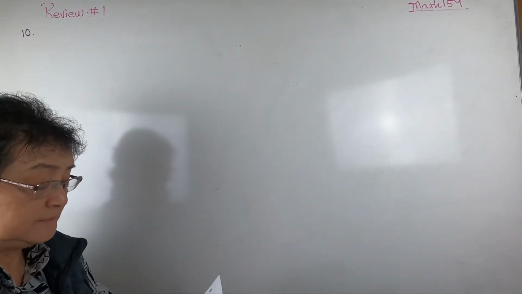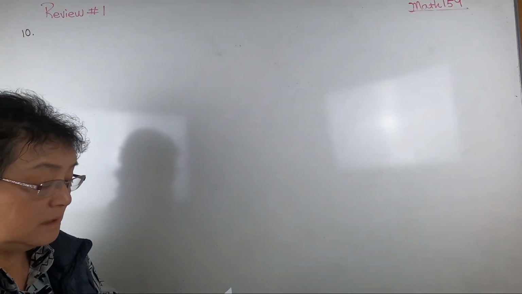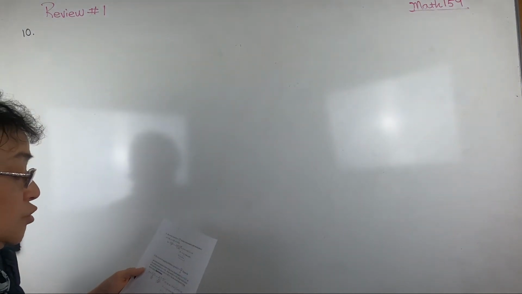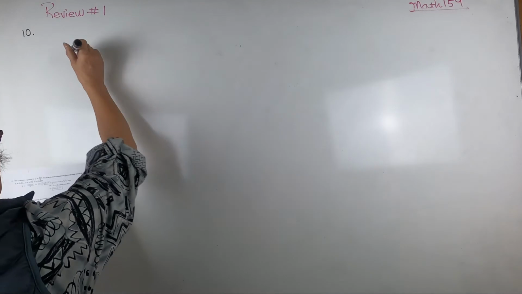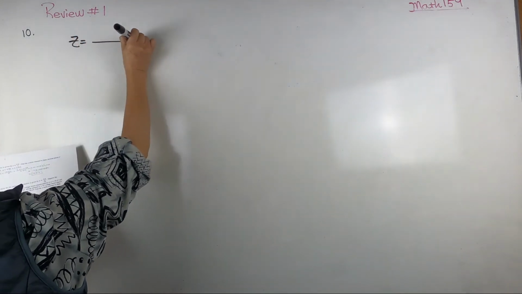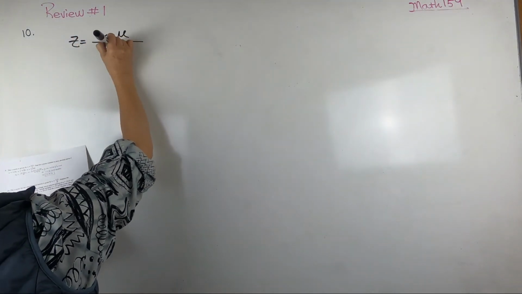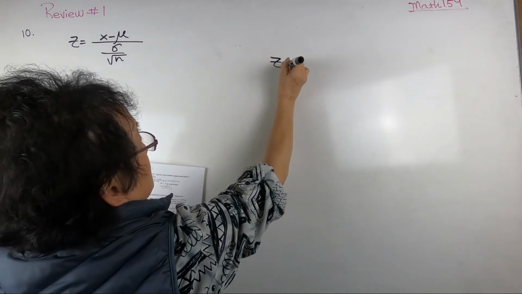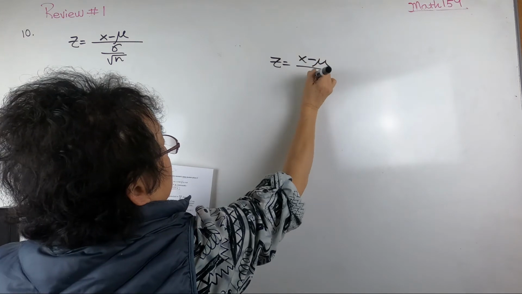For number 10. Okay. The z-score for the sample distribution is given like this. We learned the z-score earlier. So z is x minus mu over sigma.